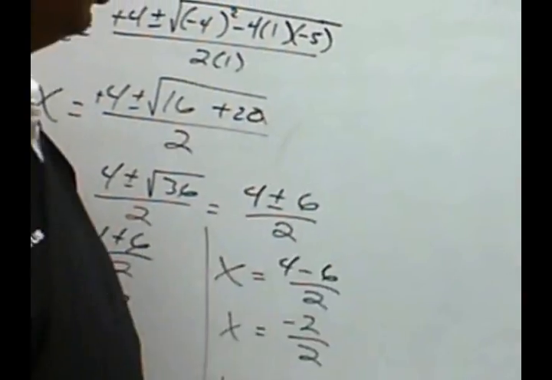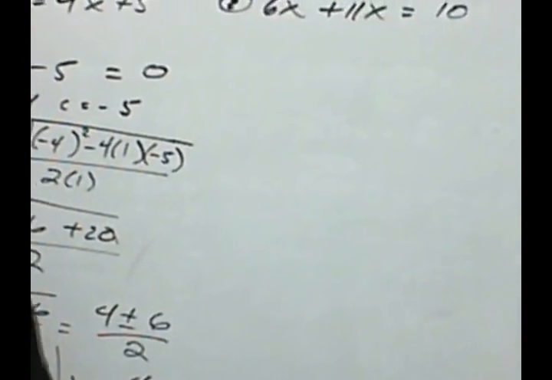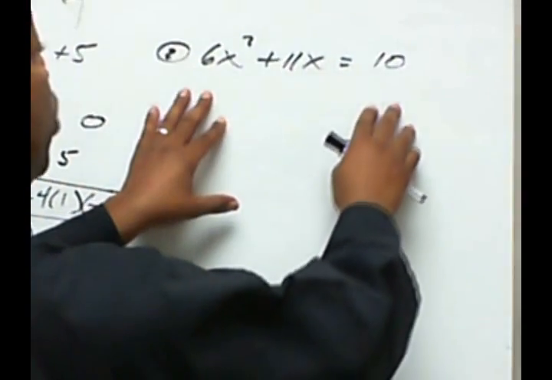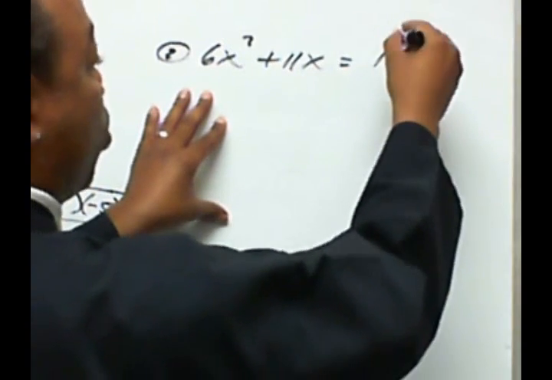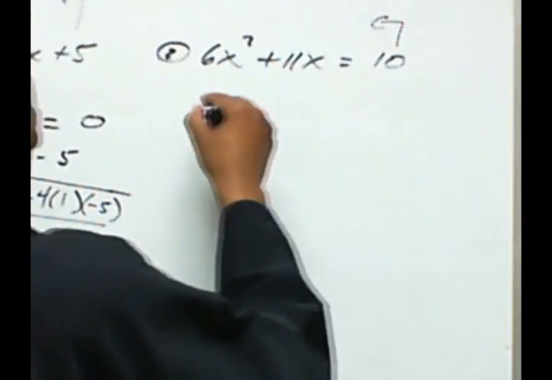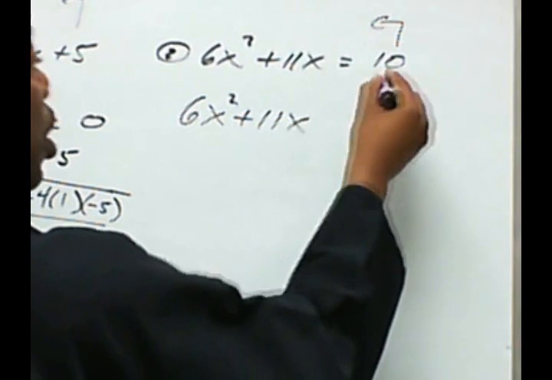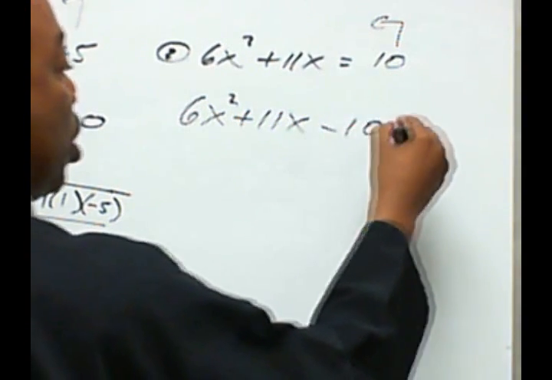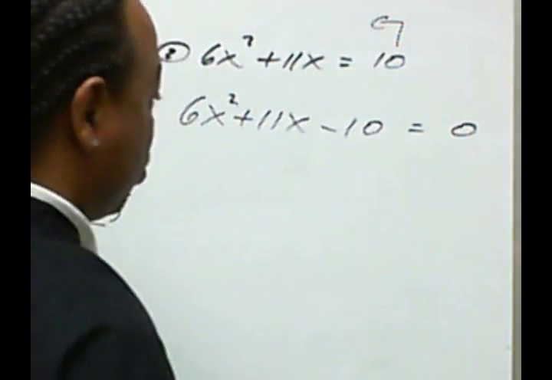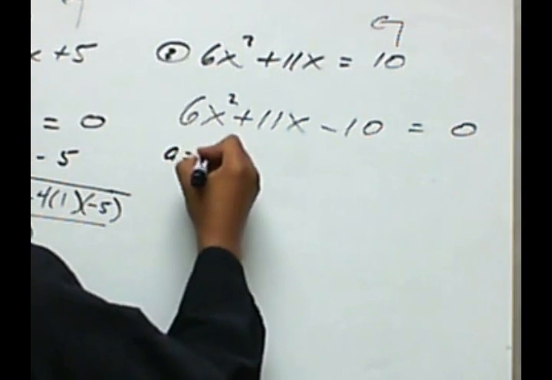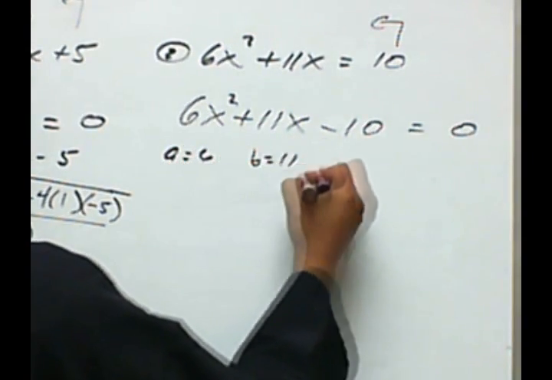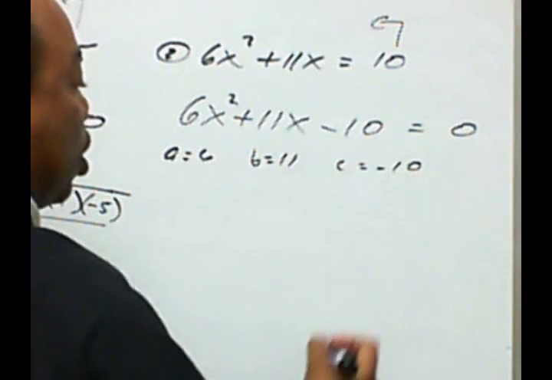Okay. Number 2, we want to solve this using the quadratic formula, so we have to have it set equal to 0, so we're going to move the 10 to the other side. So we're going to have 6x squared plus 11x. The additive inverse of 10 is negative 10, and everything's set equal to 0. Here we have that a is 6, b is 11, and c is negative 10.